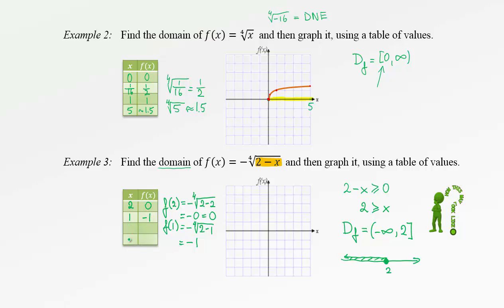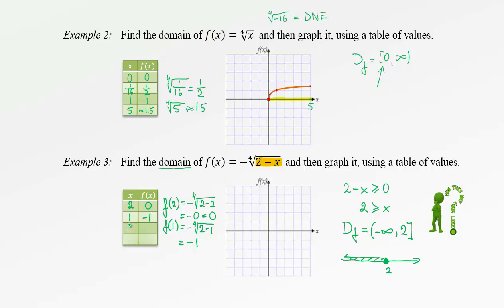Okay, now we can choose any number that we wish. Remember, the graph will go from 2 to the left. So we chose 2, we chose 1. Well, we can choose 0 or negative 1 or negative 5. That's up to us. Those values may not be exact, but we can use a calculator and estimate.